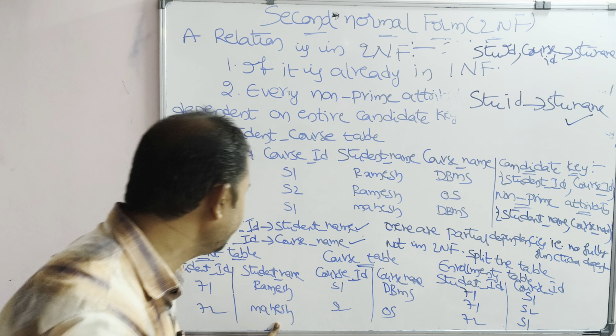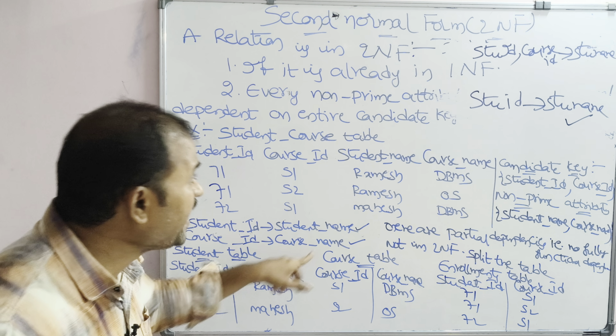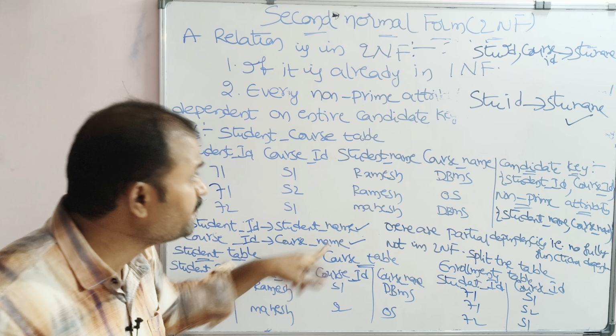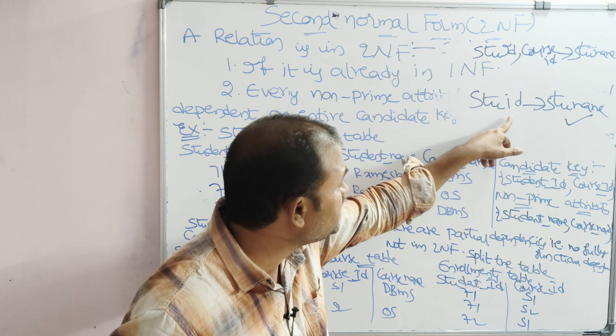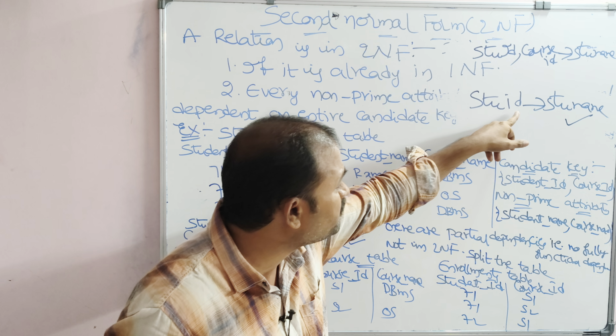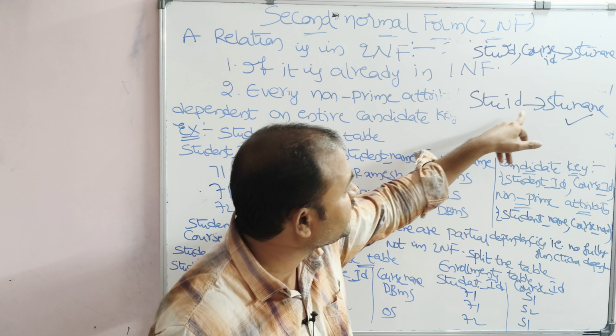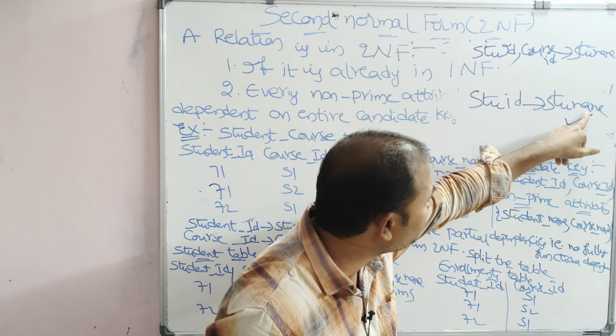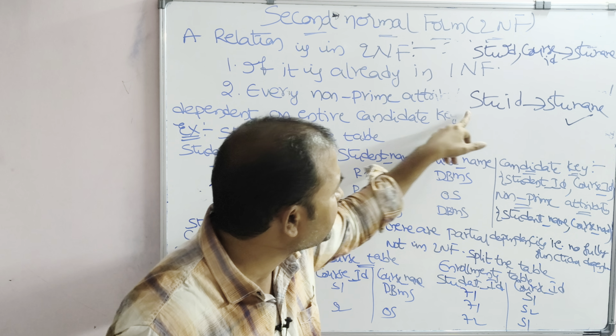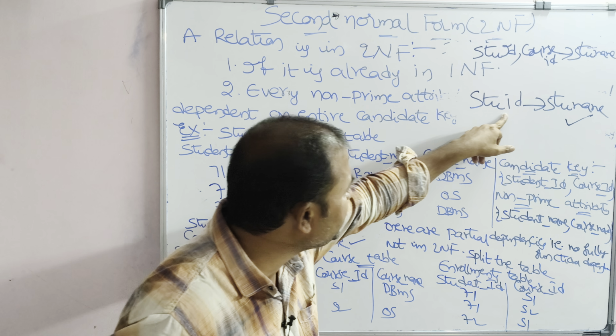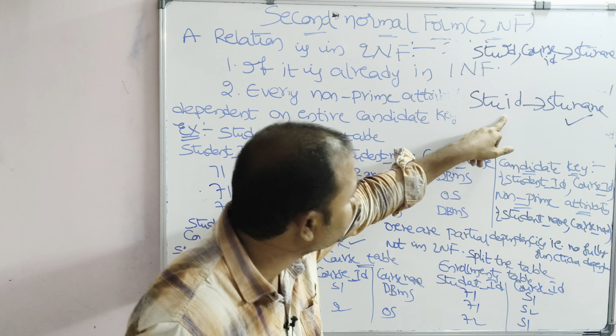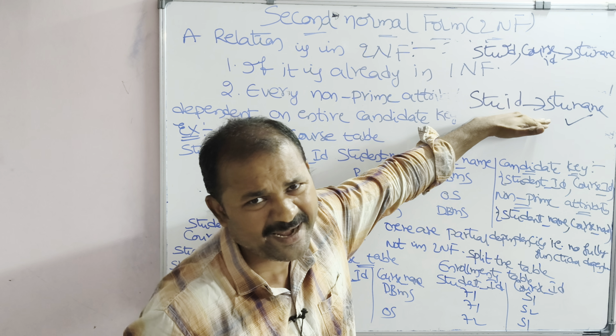So that means here the non-prime attribute is depending on the entire primary key or candidate key. Here the non-prime attribute is student name, whereas the entire primary key or candidate key is student ID. Here we have fully functional dependency.